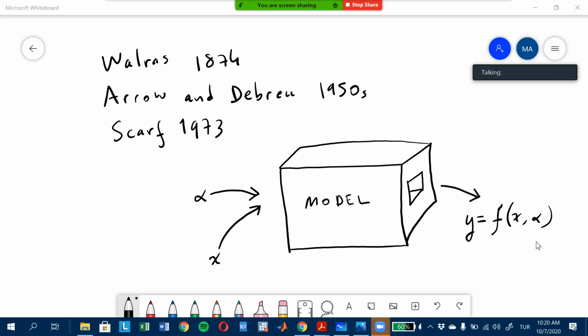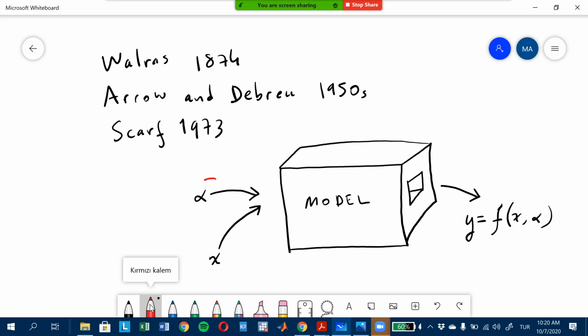So let me change the color. Okay. So what you see here, this one, this is alpha, right?